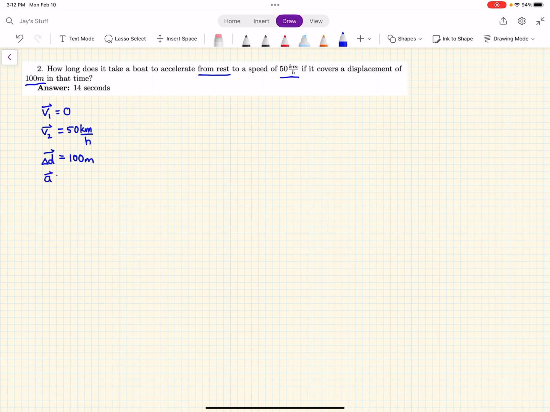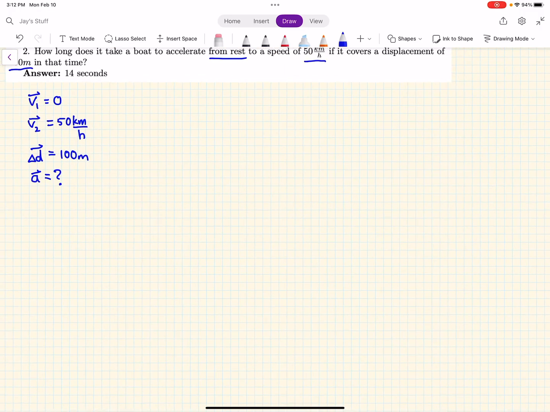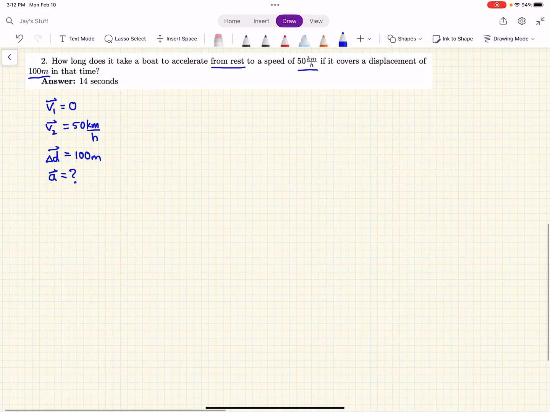We are not given an acceleration number, and it's asking how long does it take. So that is delta T, which we also don't know. So delta T is the thing it's asking us to find. So when we try and find one of our kinematics equations, it's going to have delta T in it.